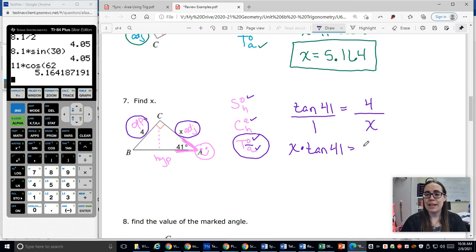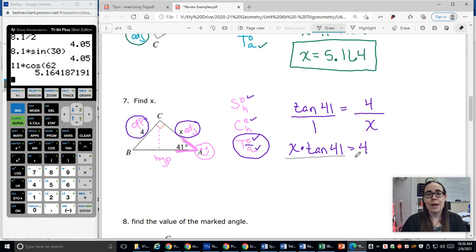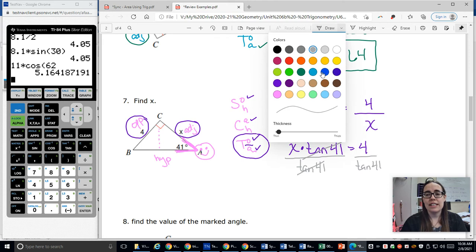So x times the tangent of 41 equals 4 times 1. So notice I have x times all of this equals. So I have to get x equals. I need to remove my tangent of 41 by dividing it out. Once I divide it out, on the left-hand side, all I have left is just the x.